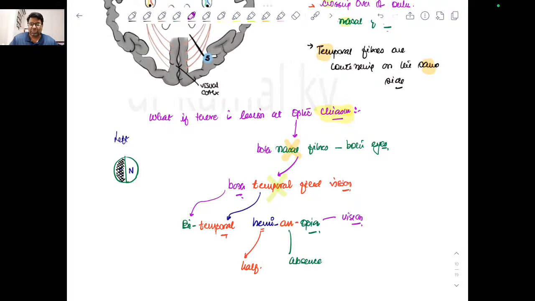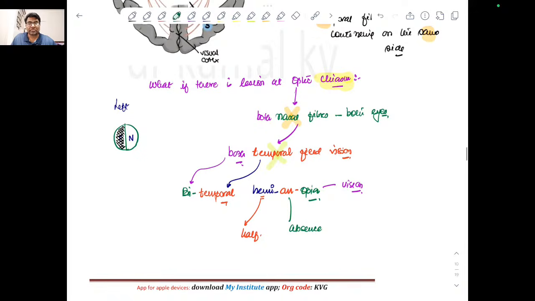So there is bitemporal hemianopia. It means both side temporal field, no vision at all. So this is bitemporal hemianopia, and this is the commonest or the most favorite question for exam setters. And sometimes they might give you some clinical case question, and they will give you some pathology which is actually compressing upon the optic chiasma.